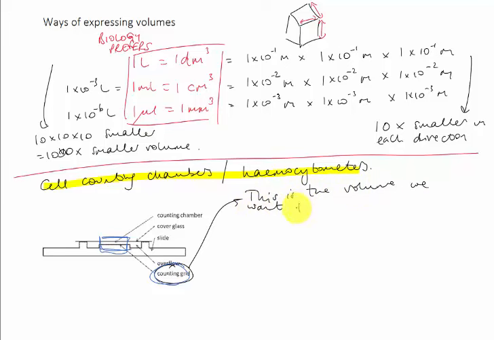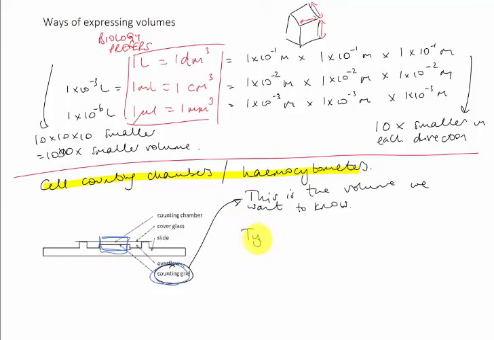This is the volume we want to know. So we've got these reservoirs here. It says overflow here. We don't care about them. So we might put a volume of 10 microliters, for example, into the thing, but it's only this very thin piece in between the cover slip and the slide over the top of the counting grid that we're interested in. And that's a really important point, and something that people often get confused by.